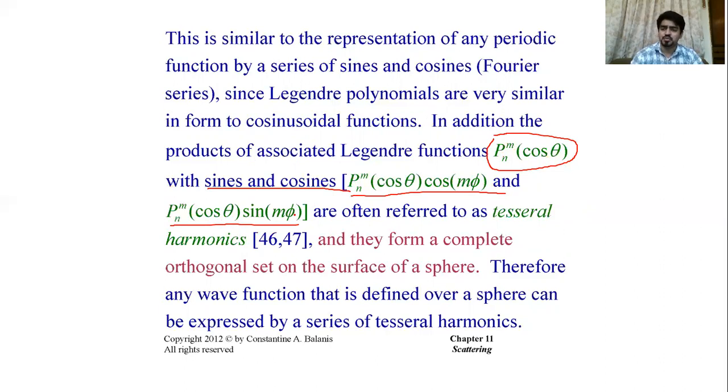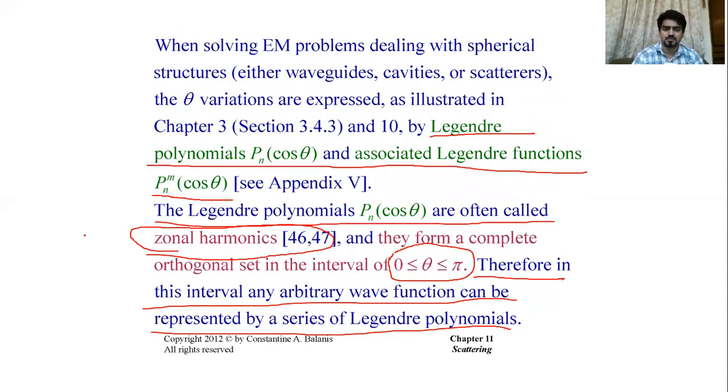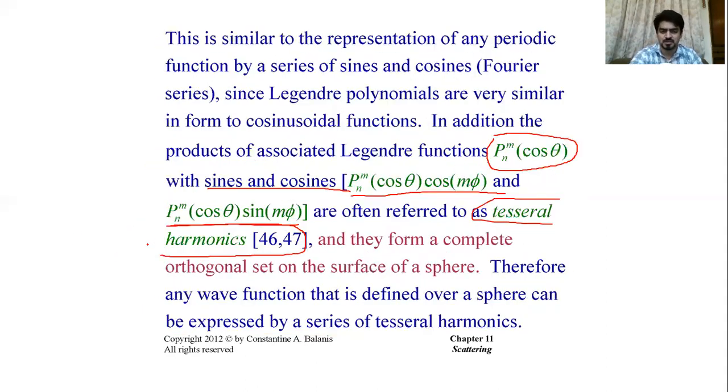When we do that, these functions are referred to as tesseral harmonics. The previous one was zonal harmonics, and this one is tesseral harmonics. Again, this function also forms a set of orthogonal functions.